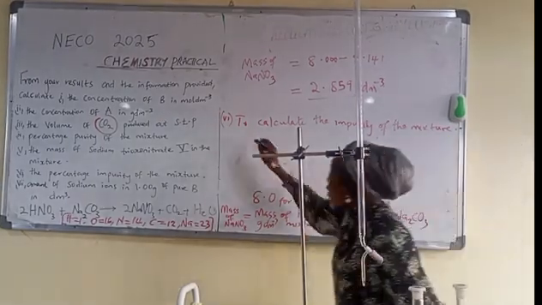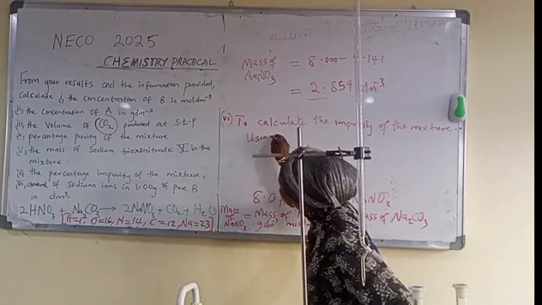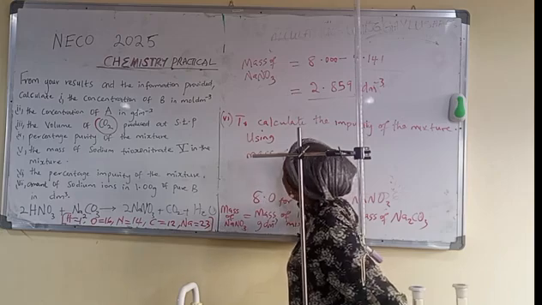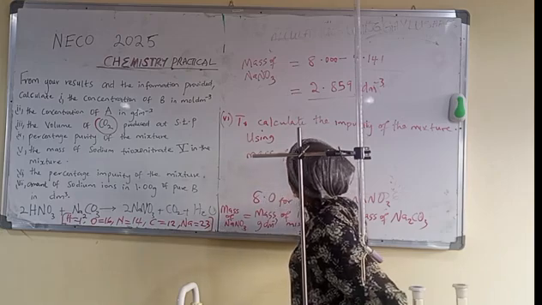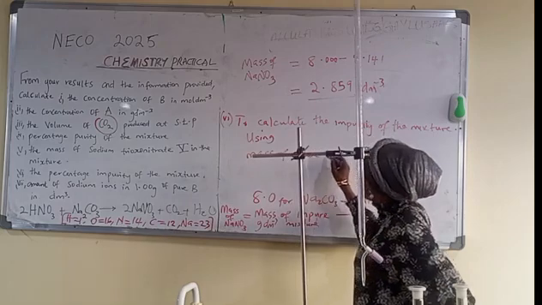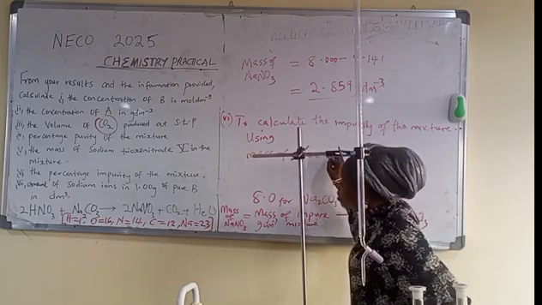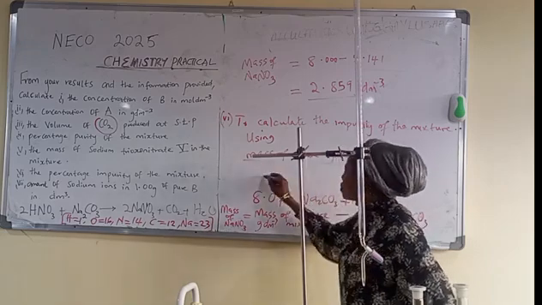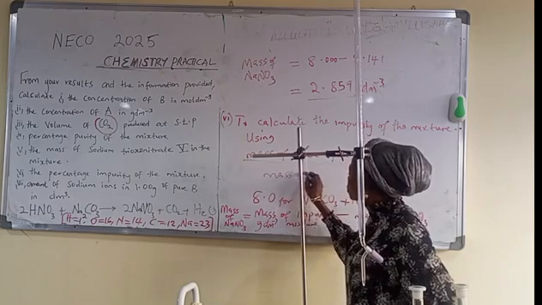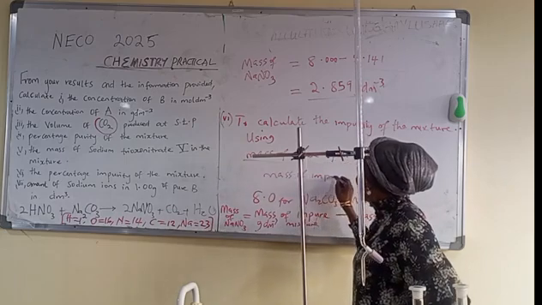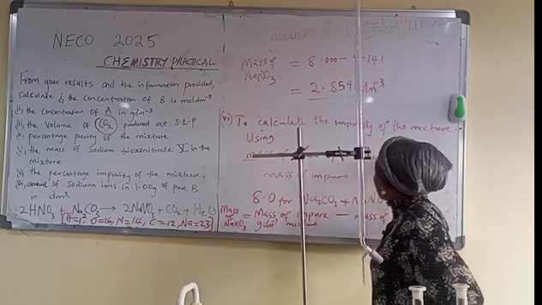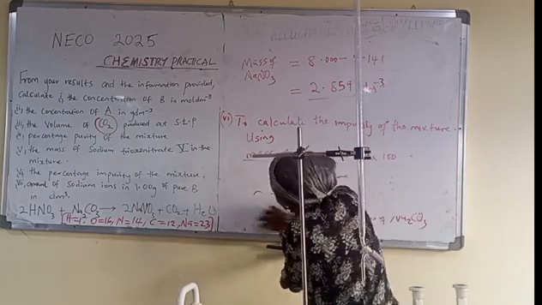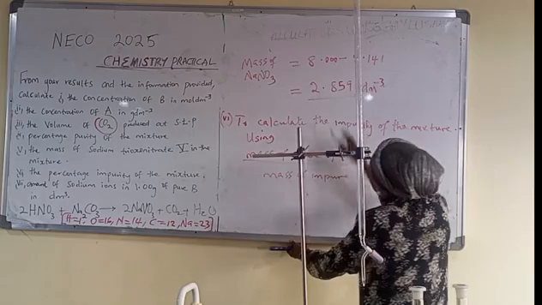So use this: percentage impurity equals mass of impure minus pure, all over mass of impure, times 100.